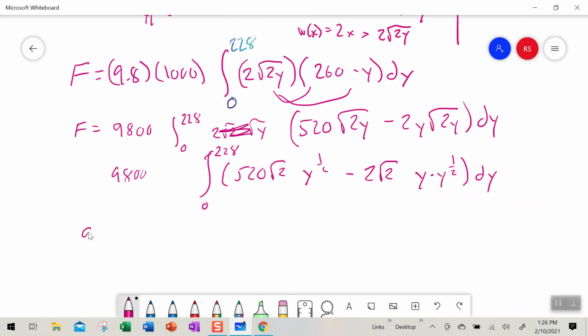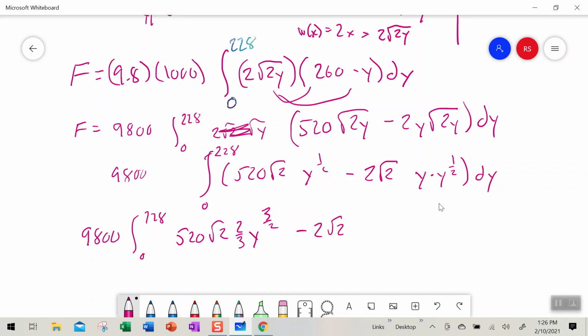So we have 9800 times the integral from 0 to 228 of 520 radical 2, and then we have y to the 3/2 times 2/3, minus 2 radical 2.